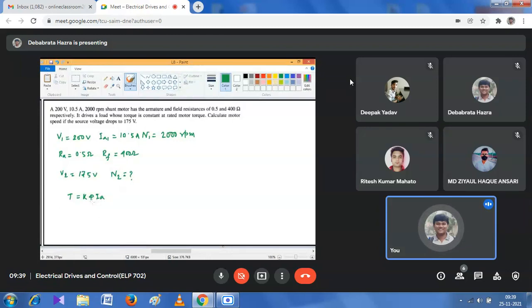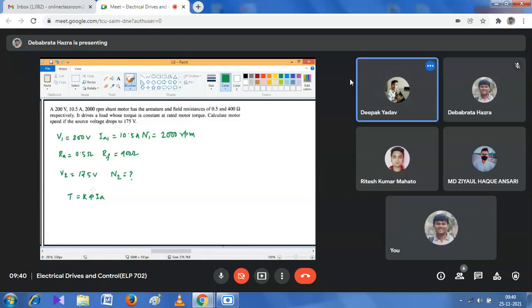When the supply voltage is constant, then we can write phi is constant. But here, is the supply voltage constant? What is the value of V1? 200.